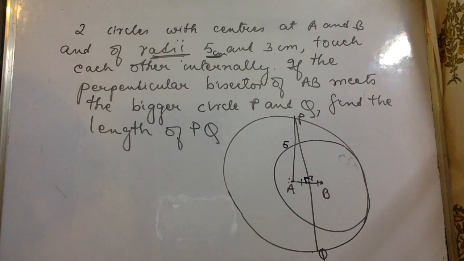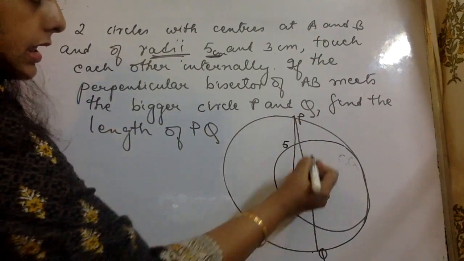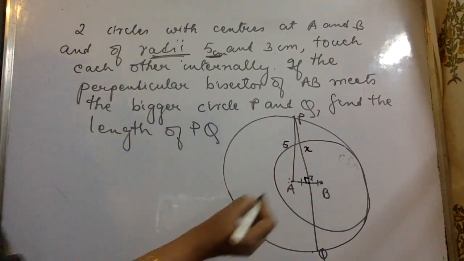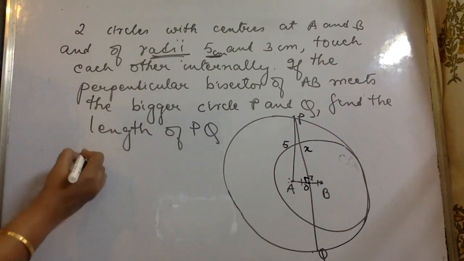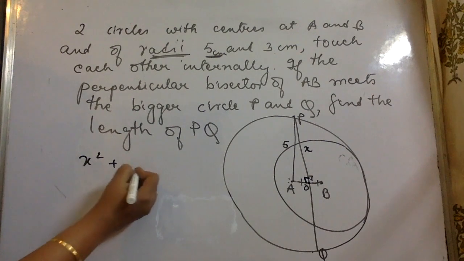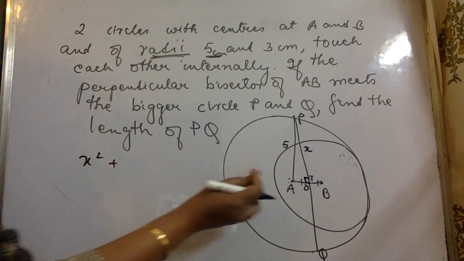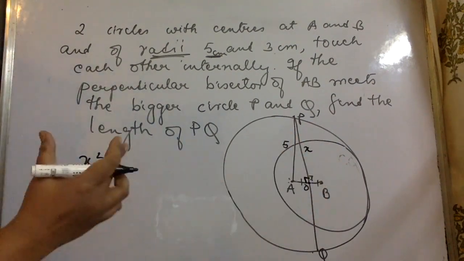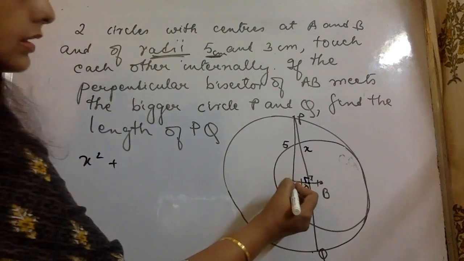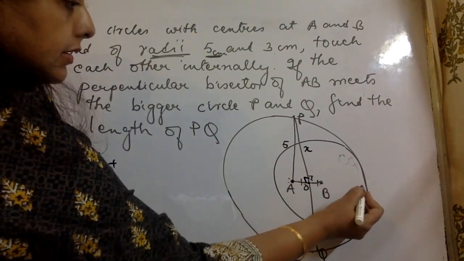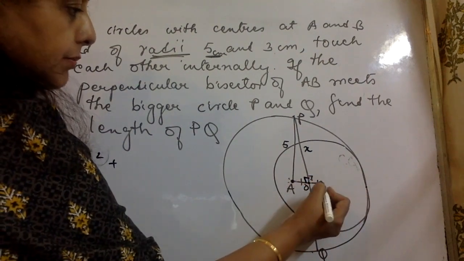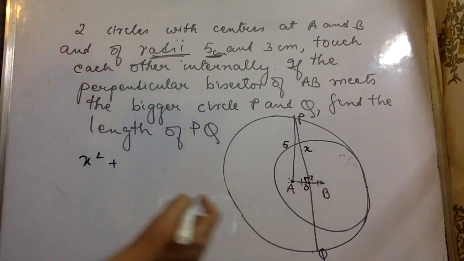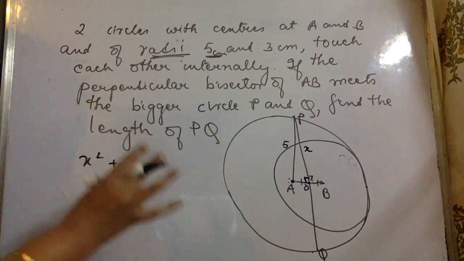So if I take here to here, let me name it O, OP as x. Then if OP is x, x square plus how much do I take as AO? That is the big question. Here A to the end is 5 because the radius is 5. B to the end, I am not drawing it because if I draw it, it will add to the confusion.